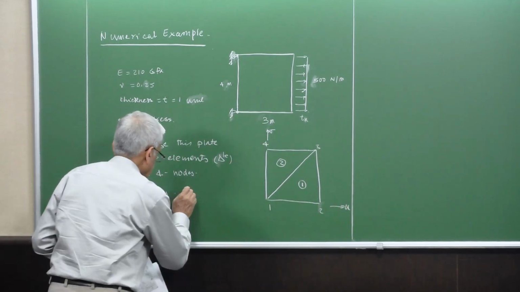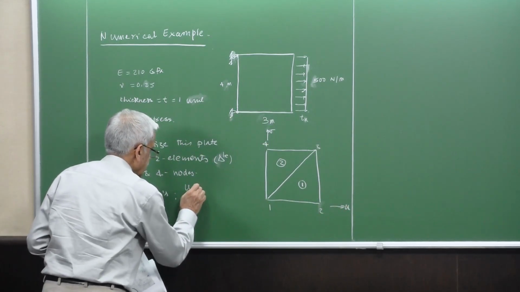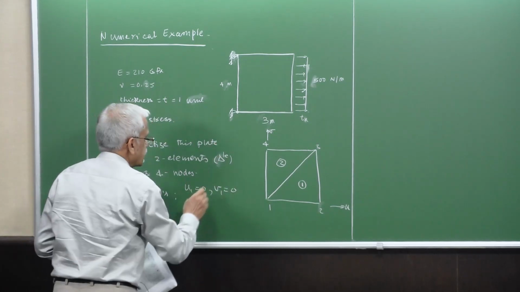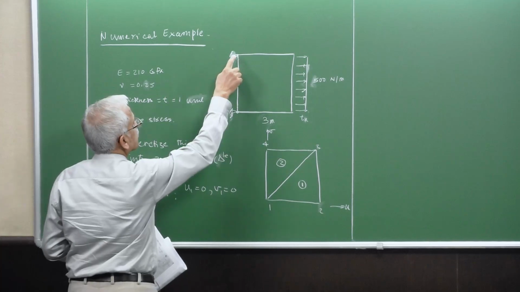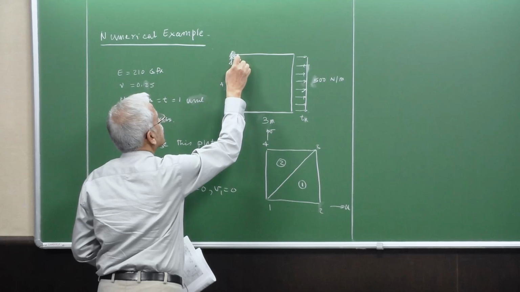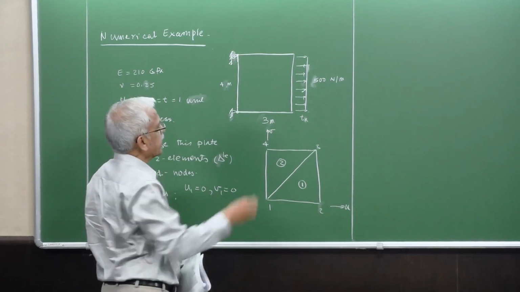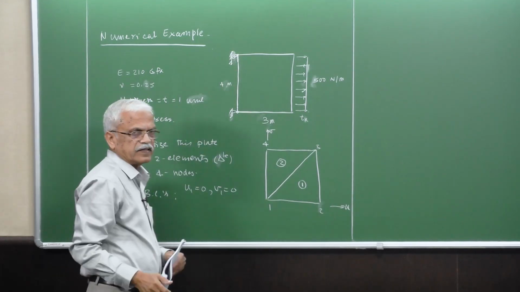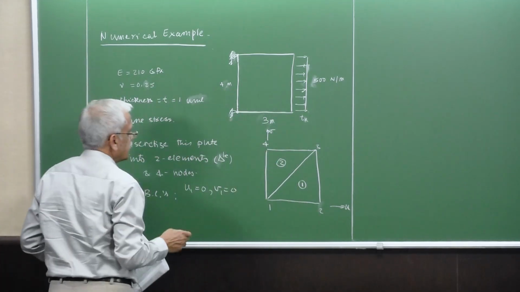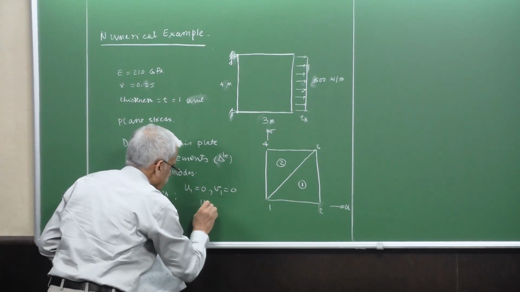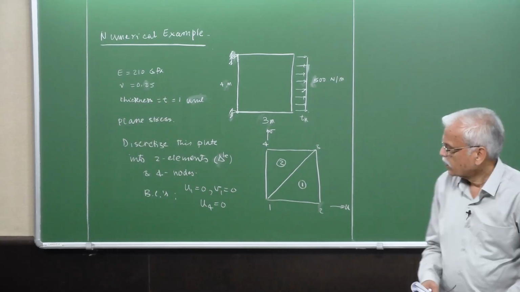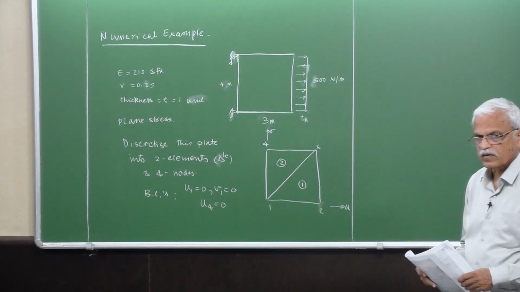So we can say that U1 and V1 are 0 here, and node number 4 is on a sliding support where it can freely slide in the y direction, and its only constraint is in the x direction. That means U4 is 0. Okay, so this is as far as the problem is concerned.